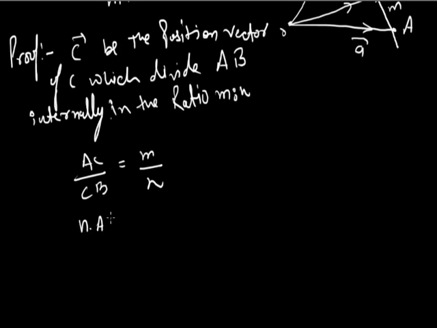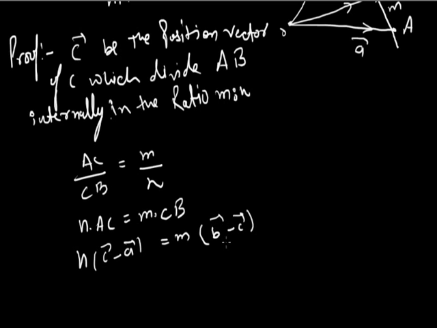So n into AC equals m into CB. So n times (c vector minus a vector) equals m times (b vector minus c vector).